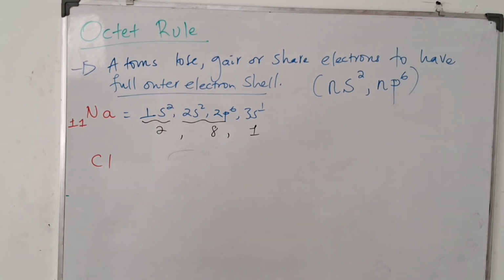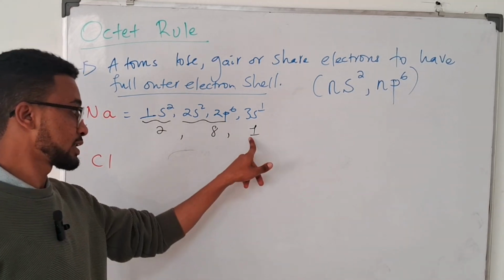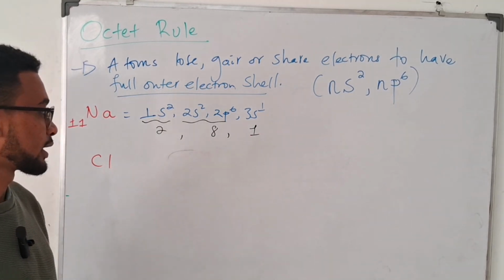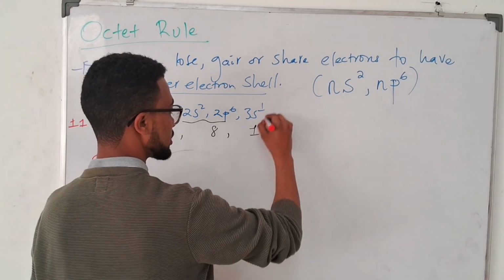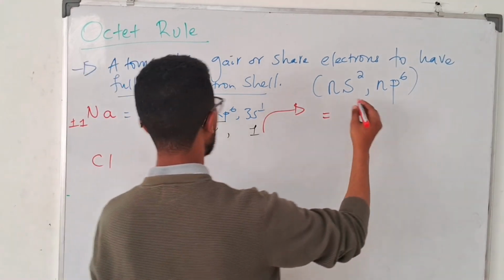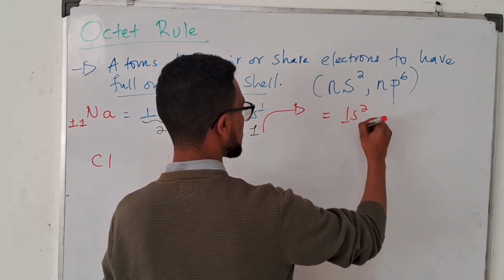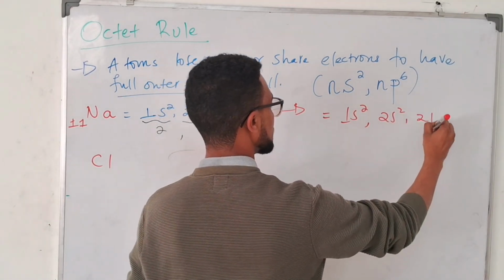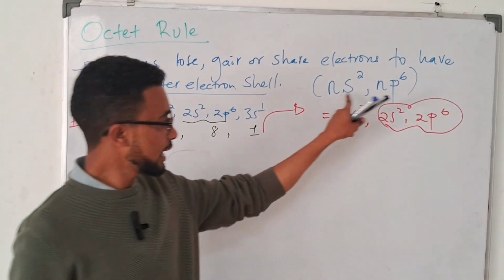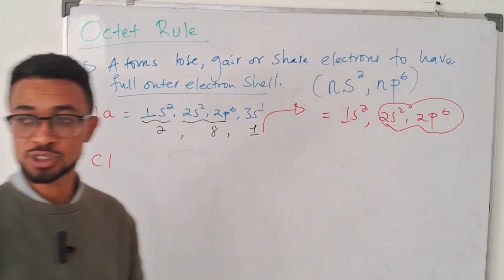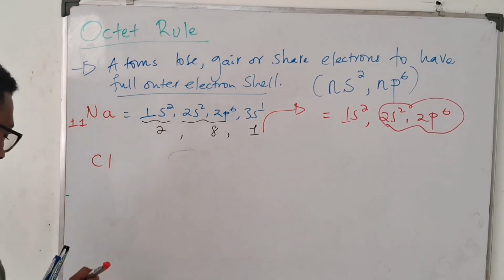As you can see, sodium has 1 electron in its outer shell. So what does sodium need to do to look like a noble gas? Sodium needs to lose this electron, and then it will have configuration of 1s2, 2s2, 2p6. This is its outer configuration now, as you can see, ns2 np6. Now it looks like a noble gas, making it more stable, okay?